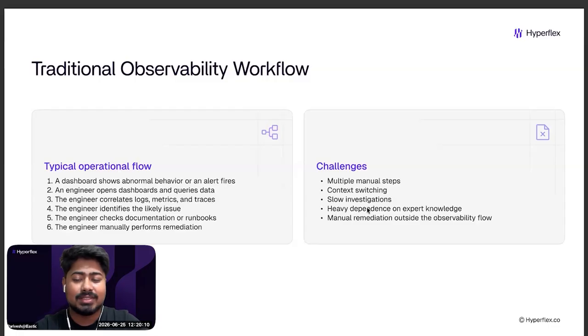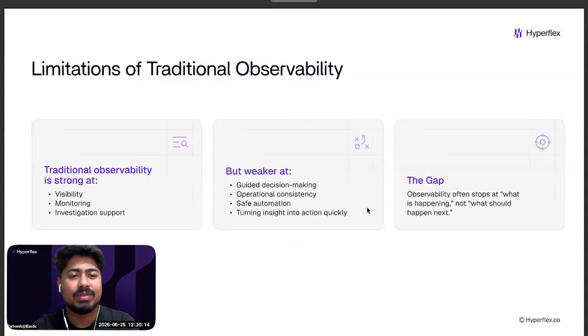So again, this is not a bad system, but there are improvement possibilities here. That is why we are calling them limitations. Limitations is a harsh word. As I said, observability setups are great today, but there's always room for improvement.